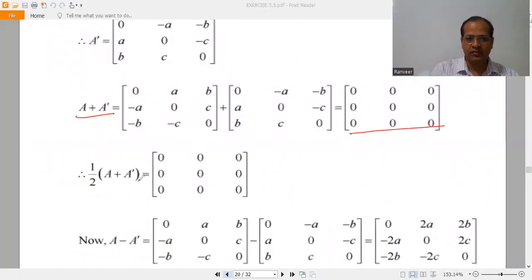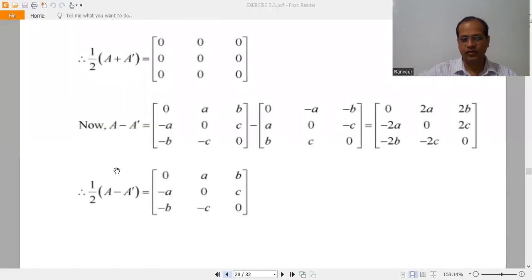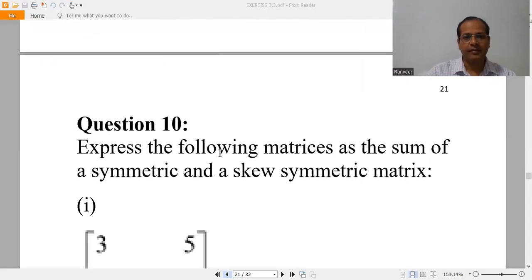So half of A plus A transpose, because this is a zero matrix, is 0. Similarly, A minus A transpose we find, and this is the value. Half of A minus A transpose is this, just taking half. So this is the verified result.